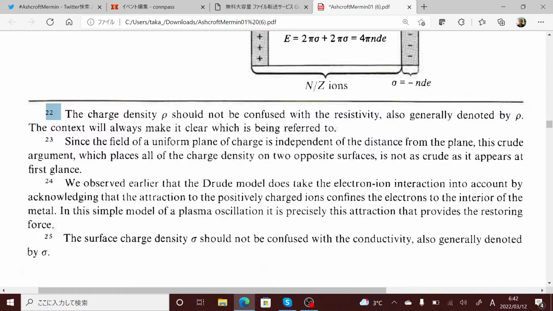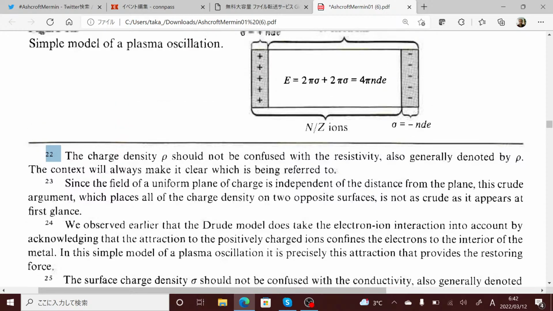In this simple model of plasma oscillation, it is precisely this attraction that provides the restoring force. Number 25. Surface charge density sigma should not be confused with the conductivity, also generally denoted by sigma.